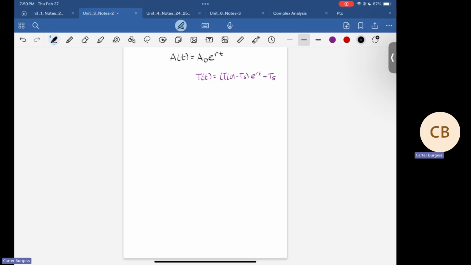But we instead said, what is actually decaying here is this difference in temperature. It's this change in our temperature that is actually what's going on. If I subtract T sub S from both sides, I can rewrite this equation to say that the current difference in temperature as a function of time is equal to my initial difference in temperature times e to the rt, which matches very well with that generic model we were working with.